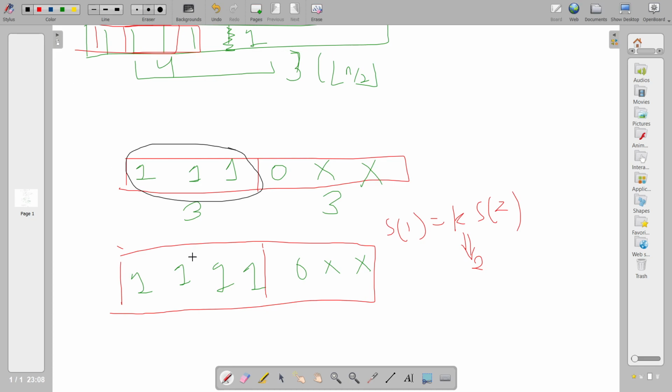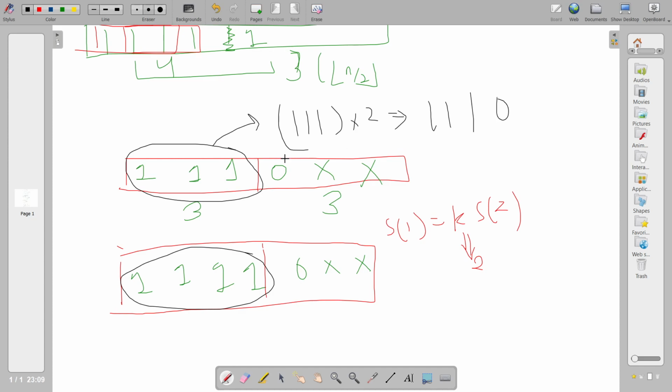Again, you can take your second string as this, and suppose your second string is 111. If I multiply it by 2, what would happen? The number would be left shifted. What would I get? 1110. And this is the same as this thing or this thing.